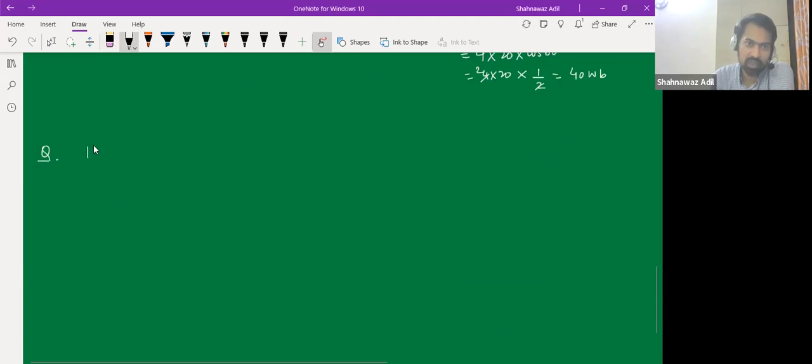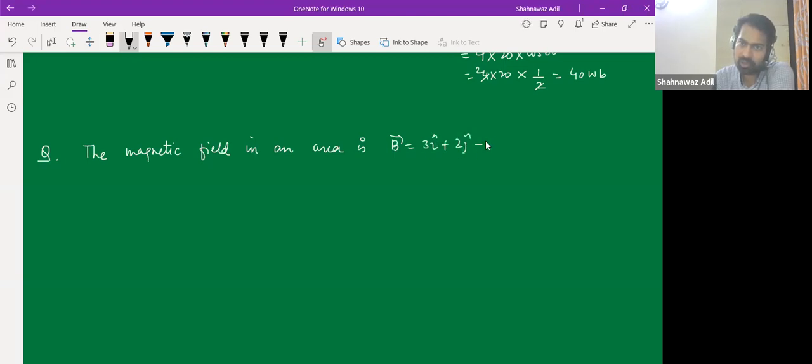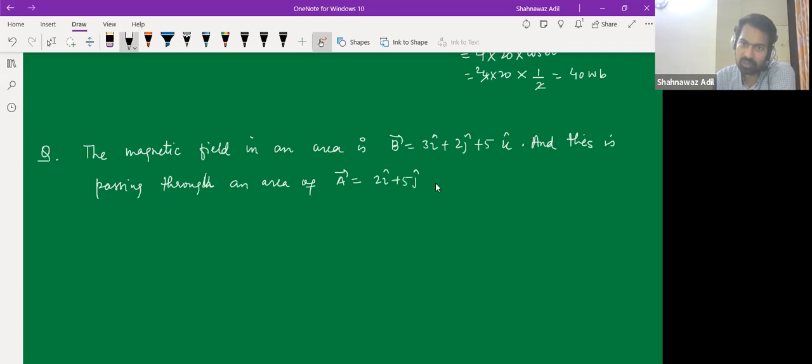The magnetic field in an area is 3i plus 2j plus 5k, and this is passing through an area of, let's say, 2i plus 5j plus 2k.